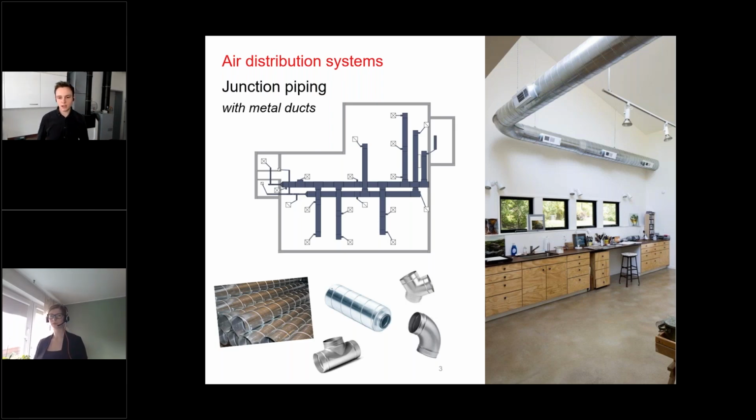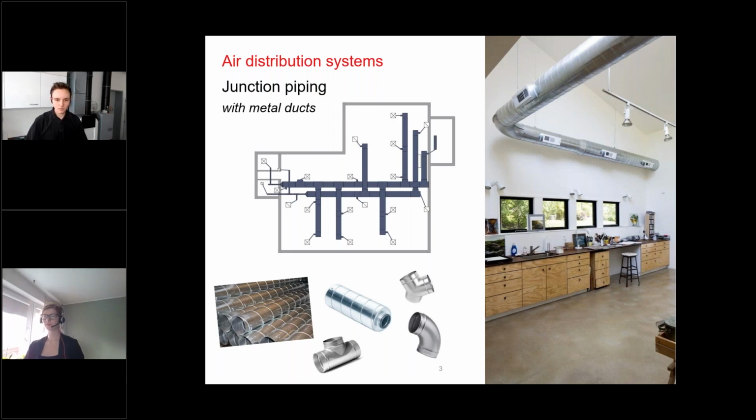And what you do there is that you have a central pipe, a big supply line and extract line, which has the whole volume flow. And from there, you are spreading to each single room. So you have a lot of junctions.